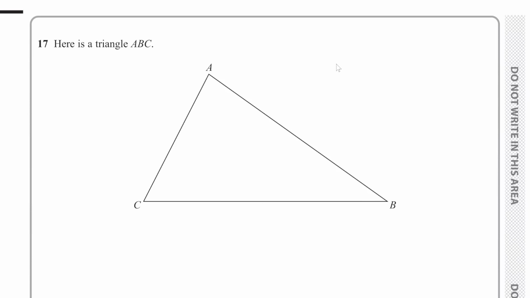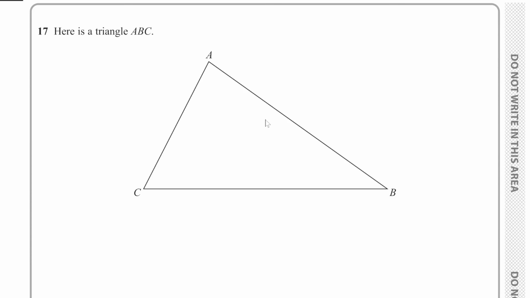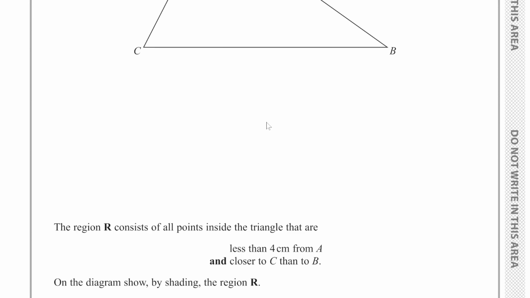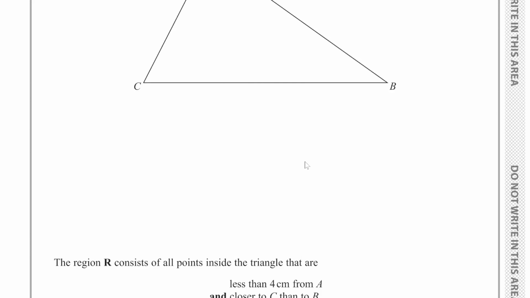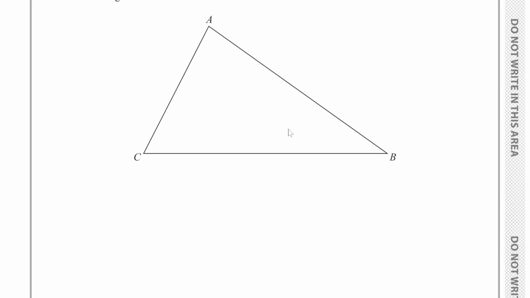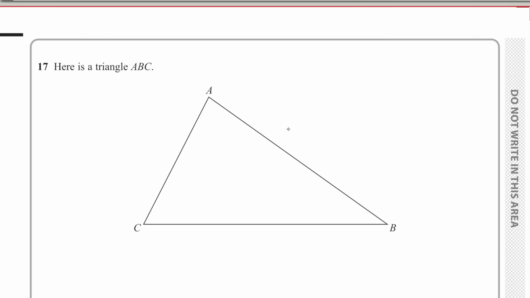Question 17. Here is a triangle, ABC. The region R consists of all points inside the triangle that are less than 4 centimeters from A. So we need to draw a circle.